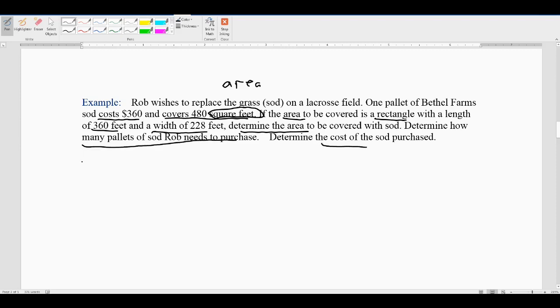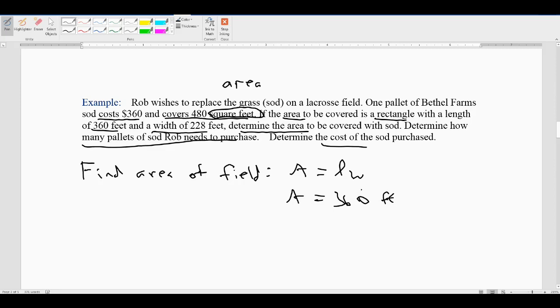So the first thing we need is to find the area of the field. The way we do that is we use the area of a rectangle formula. Area equals length times width. The length is given to be 360 feet, and the width is given to be 228 feet.